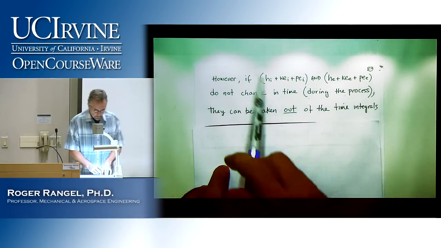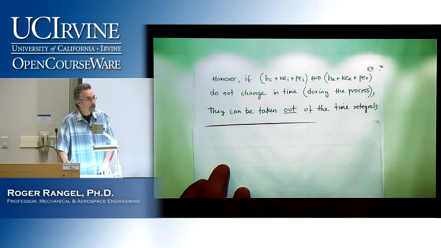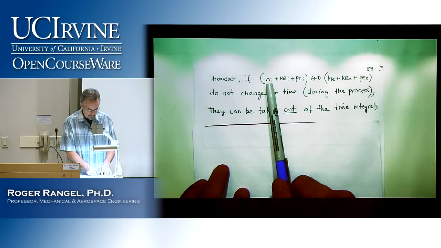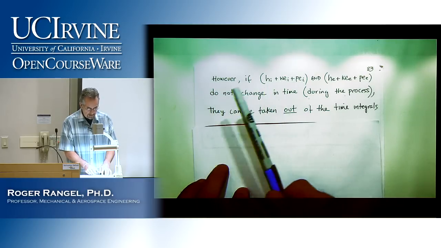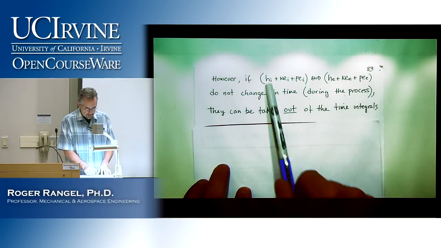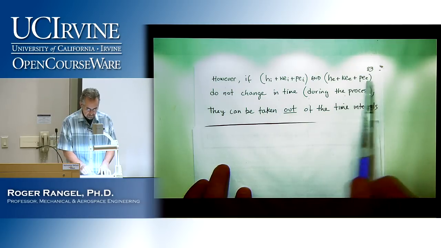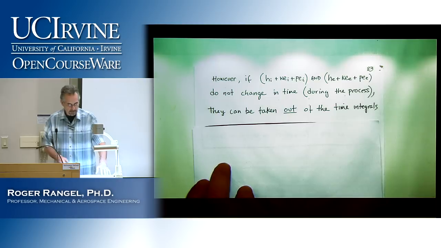However, if we take the parenthesis quantities to be constants in time, that is, we assume that the enthalpy, kinetic energy, and potential energy of the fluid coming into the control volume are constants in time, and the same for the exit quantities, then they can be taken out of the time integrals.